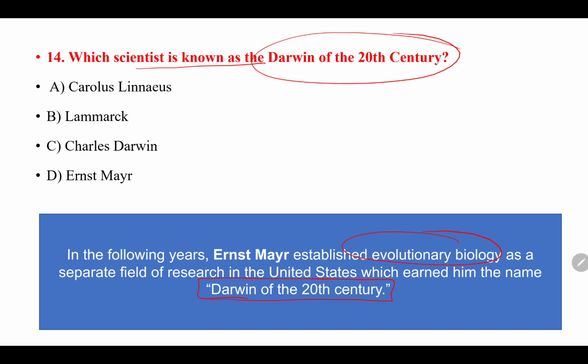He classified organisms based on evolutionary relationship. Since he used evolution in his research, he was given the title Darwin of the 20th century. So, option D, Ernst Mayr, is the right option.